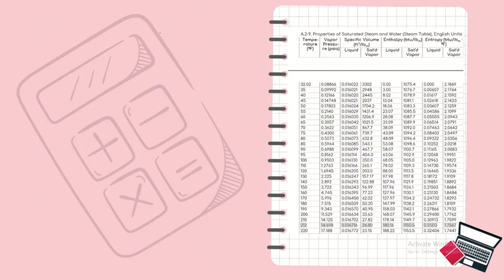Since we are dealing with water at its boiling point, which is 100 degrees Celsius, and the unit given in this table is in degrees Fahrenheit, we'll be converting 100 degrees Celsius to Fahrenheit. And 100 degrees Celsius is equivalent to 212 Fahrenheit.